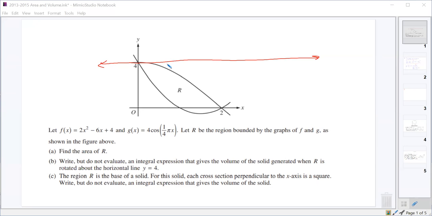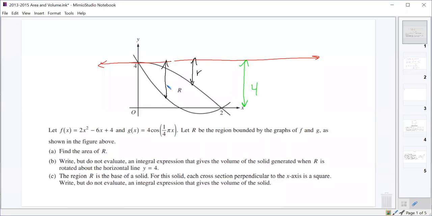So the outer radius is the distance between 4 and the lower function, and the inner radius is the distance between 4 and the upper function. We know that this full distance here is 4 units, right? Because that's y equals 4. I probably should have drawn this over a little further so that I had more to look at.